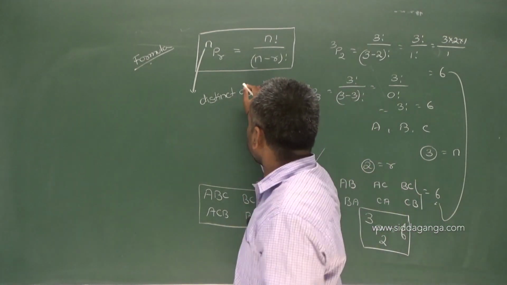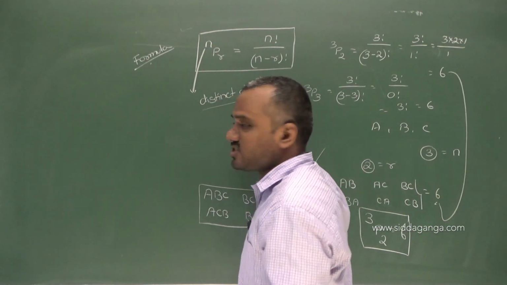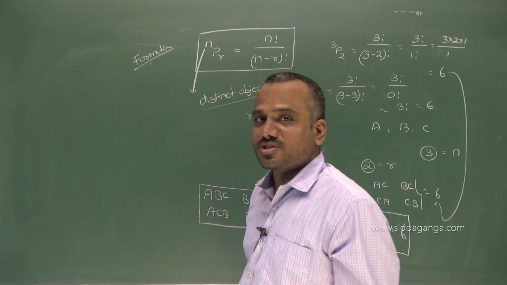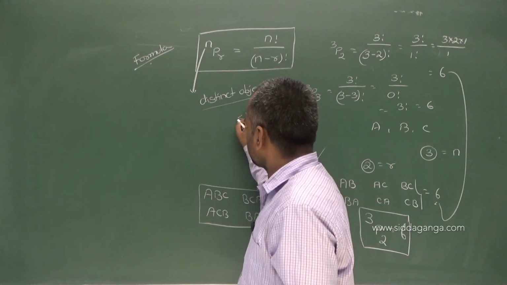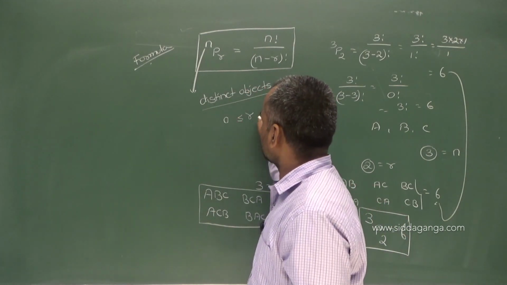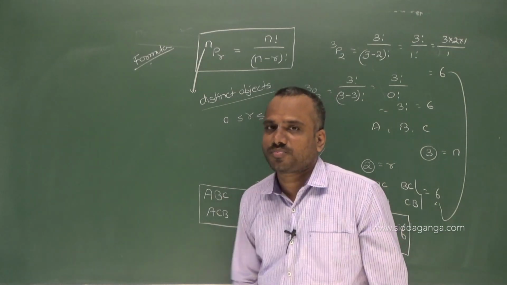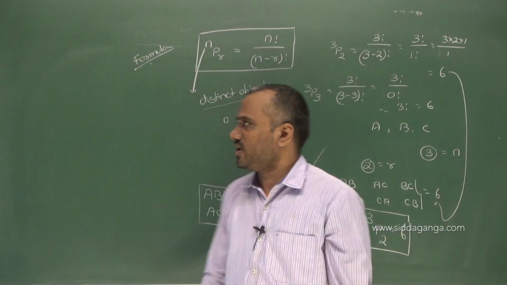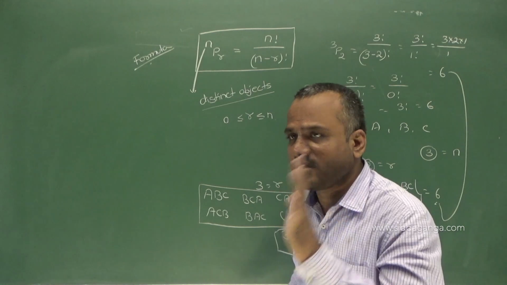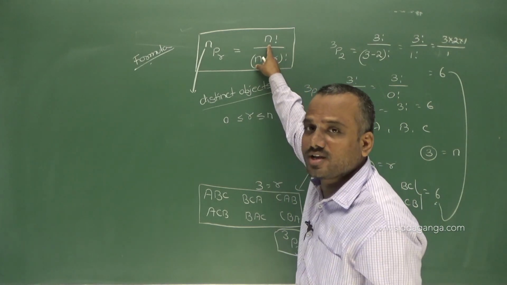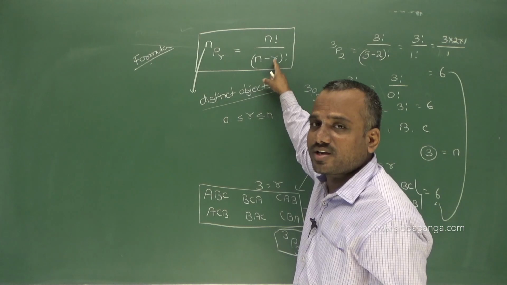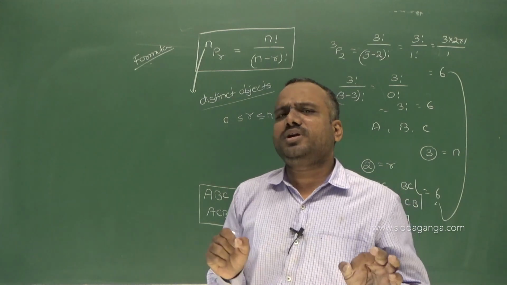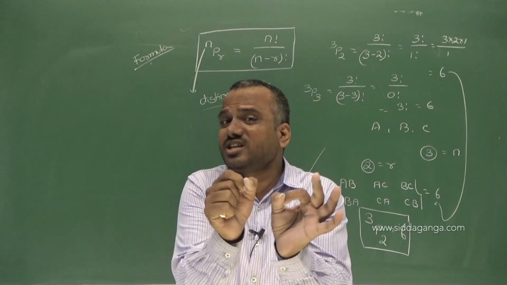nPr, and one more very important condition: n are distinct objects, they are not similar, and r must be greater than or equal to 0, less than or equal to n. nPr is given by n factorial divided by (n minus r) factorial. Here n indicates distinct objects.